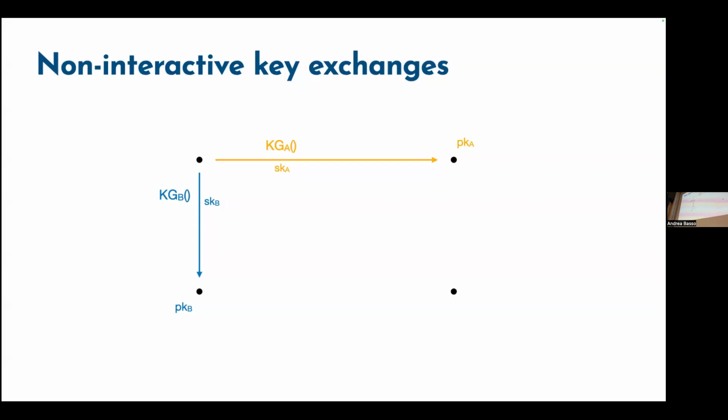It's a protocol that looks like a classic Diffie-Hellman, where two parties run key generation. It spits out secret keys for each party and a public key for each party. Once these two public keys are exchanged, we don't need any new fresh communication. Both parties can non-interactively run algorithms that take into consideration only their own secret key and the other party's public key to obtain a shared secret.